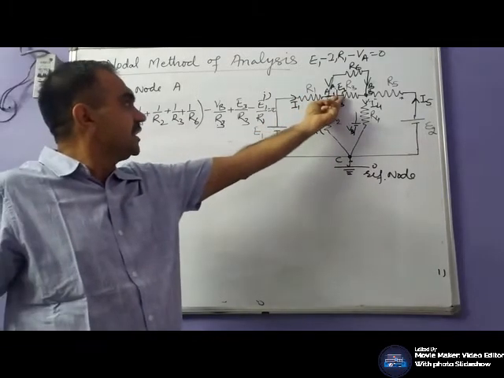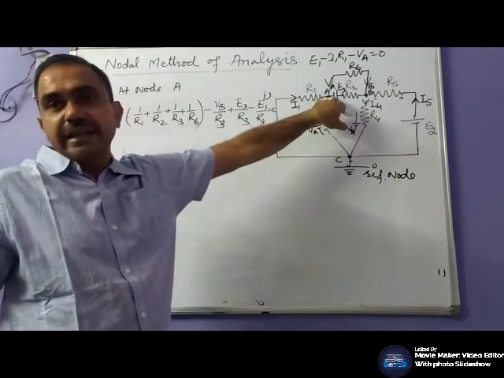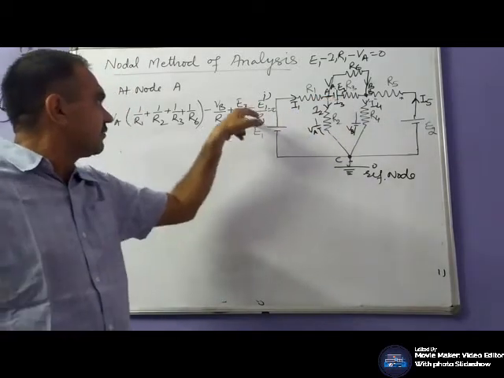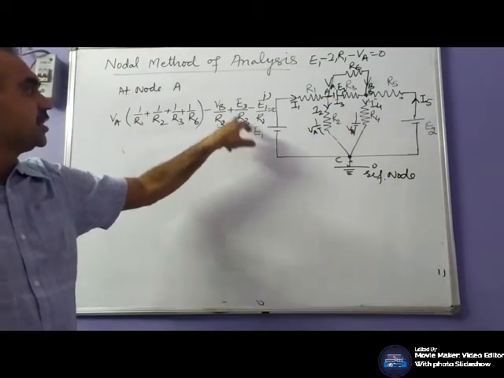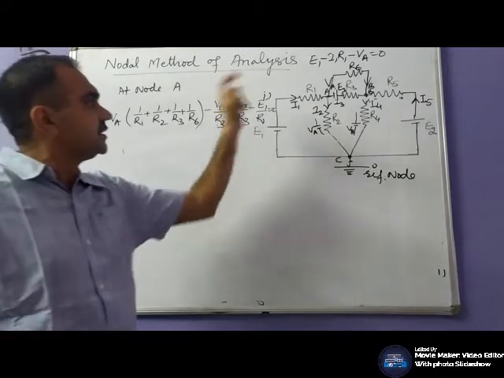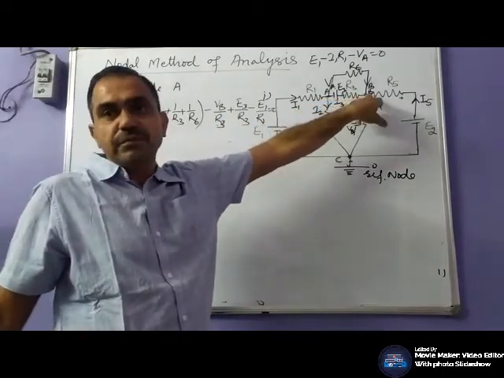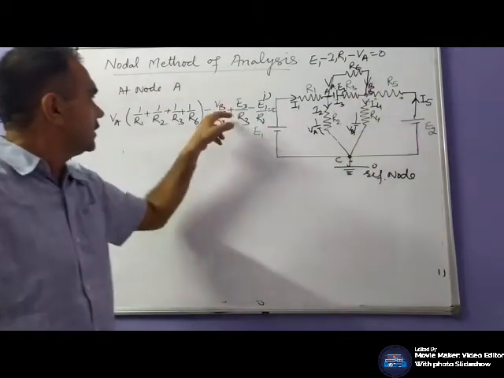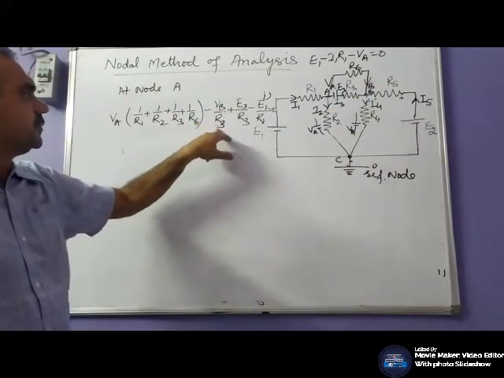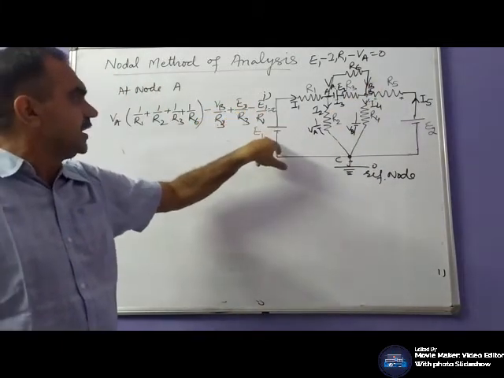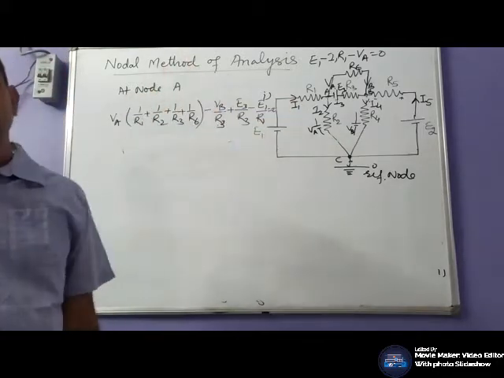Here the sign is opposite. We are connected to the negative sign. That's why we have considered plus E3 by R3. Otherwise, when we have considered this positive here, then minus VB by R3 and minus E1 by R2.